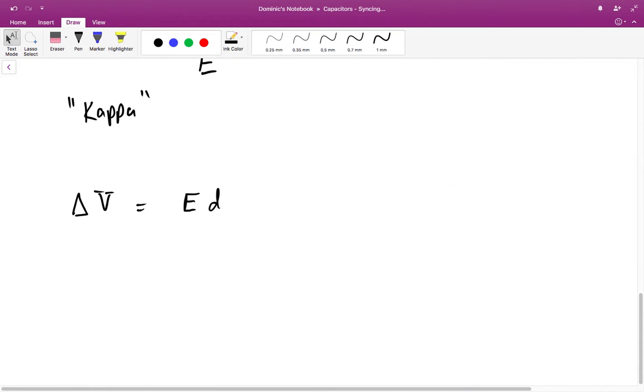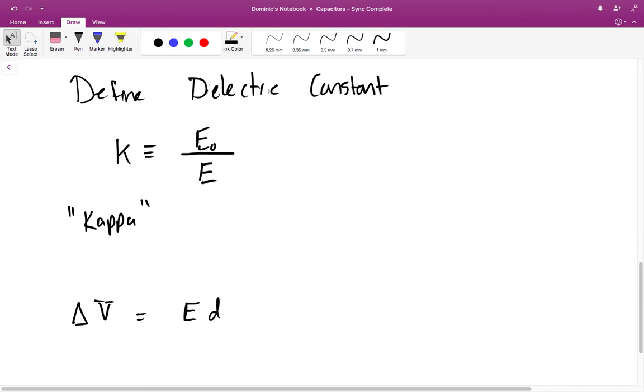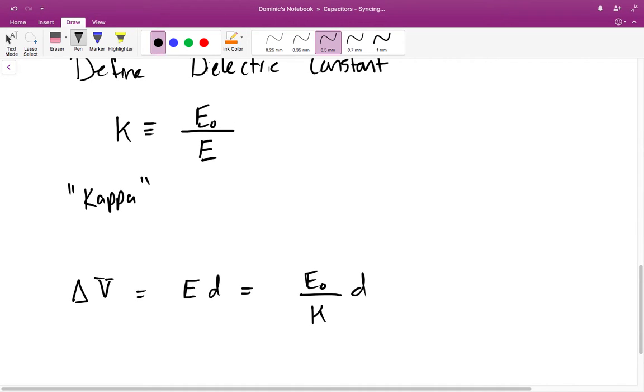We just related the new electric field to the old electric field using this new constant kappa. So the electric field is E naught over kappa, times distance, and E naught times distance is equal to the old potential, the potential of the battery. So this would be equal to delta V naught over kappa.